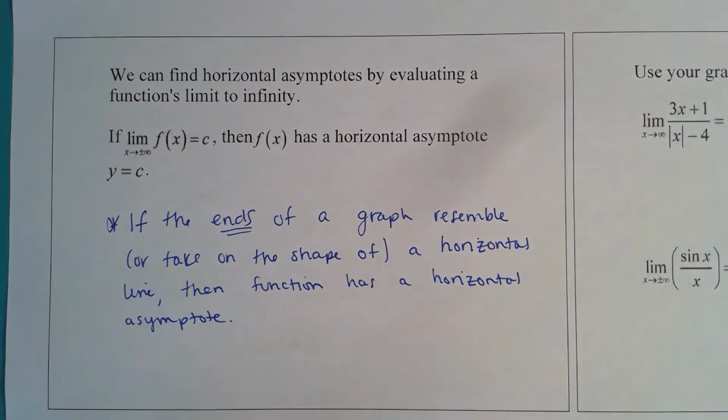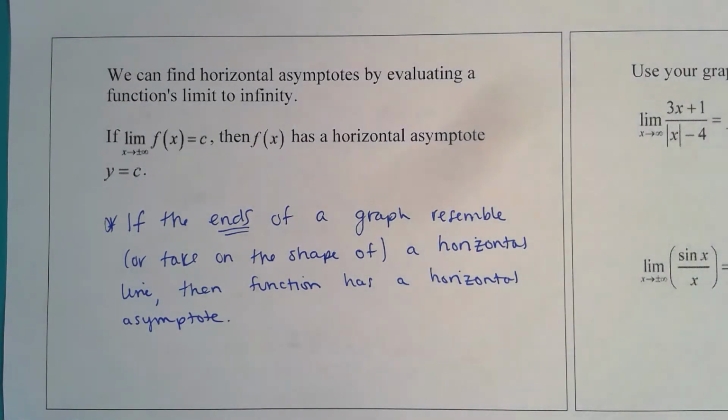My handwriting could be better there, and I apologize. If the ends of a graph look like a line, that means your function has an asymptote.